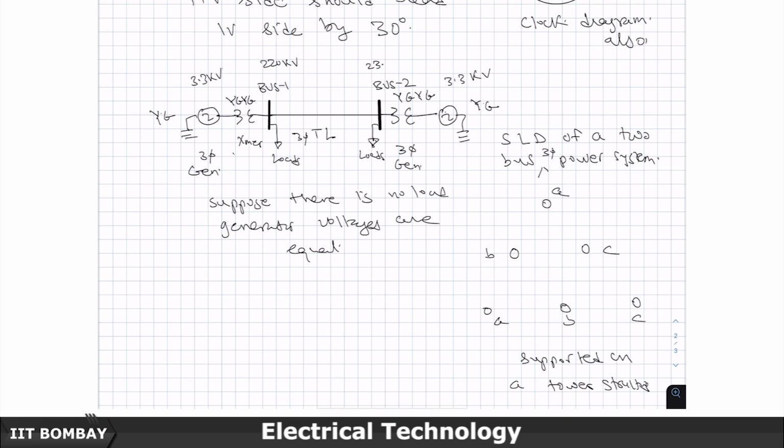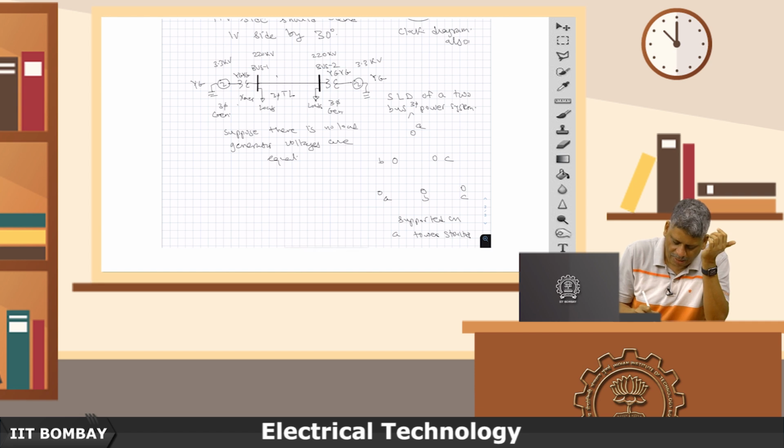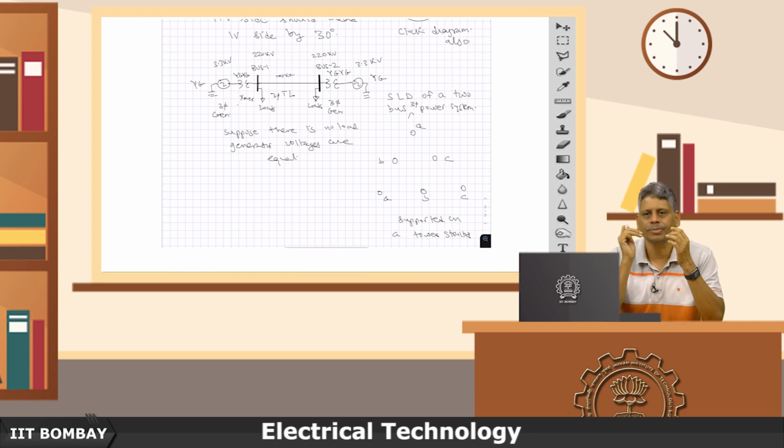Then if there is no load connected on it, this will also be some 220 kV, and this transmission line obviously has some length. It could be, for example, a 100 kilometer line or something like that. This is the 3-phase transmission line.